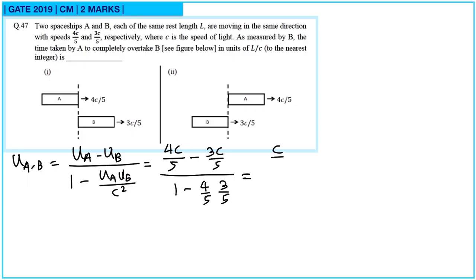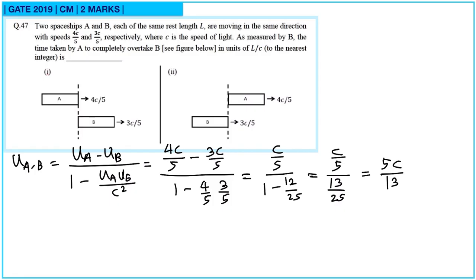So this is c by 5 upon 1 minus 12 by 25. So this is c by 5 upon 13 by 25. So 5 and 5 will cancel, and we have 5c by 13. So this is the relative velocity.